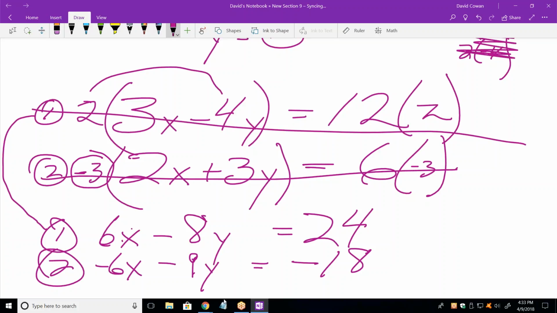I could have multiplied by 3 and I would have had 6x there and 6x there. But then I would have had to do subtraction in order to eliminate a variable. By multiplying by minus 3, I ensured that this was going to be a minus 6. I knew the top was going to be a plus 6. That's all I need.